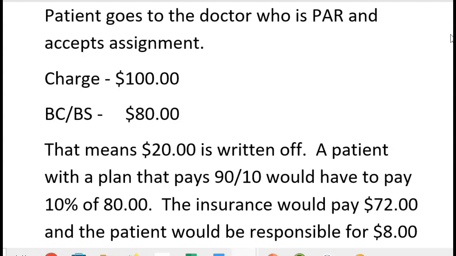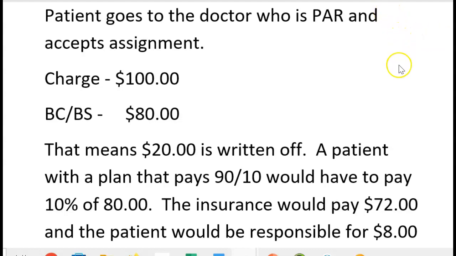Since we accept assignment and they're par, Grand River writes off $20. A patient with a plan, let's say your insurance plan states we pay 90/10, so your insurance plan pays 90% of the charge. 90% of $80 is $72.